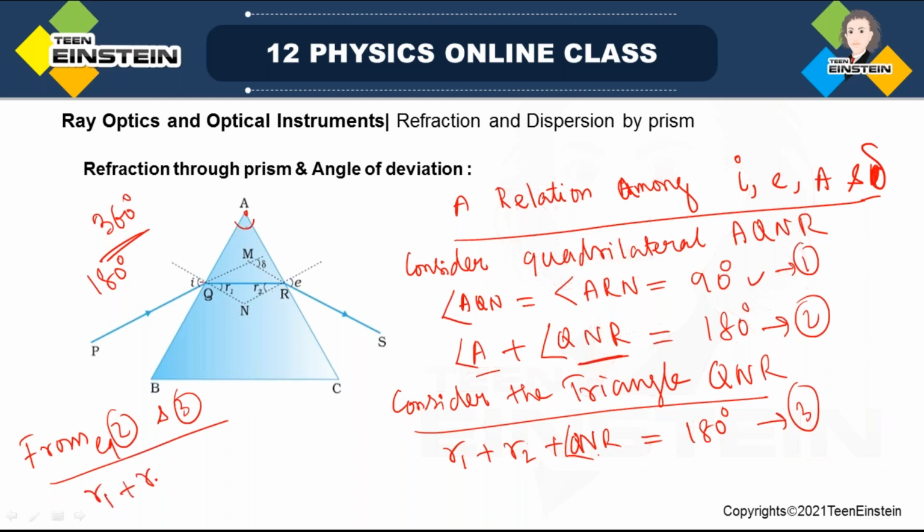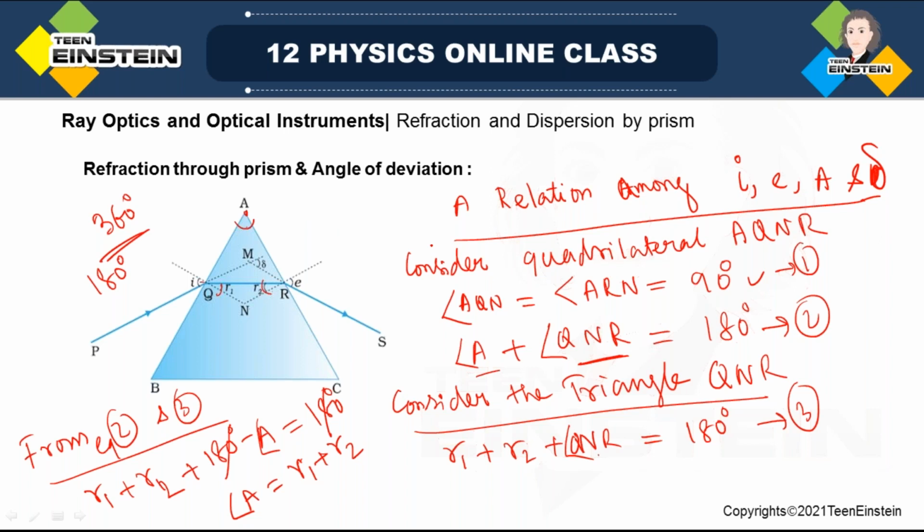So we can put the value of QNR, R1 plus R2, and QNR I have to write 180 degrees minus A, angle of prism, is equal to 180 degrees. So if I do a little bit of simplification, 180 degrees will get cancelled from both sides. So angle of prism will be equal to R1 plus R2. That means the sum of these two angles is equal to the angle of prism.